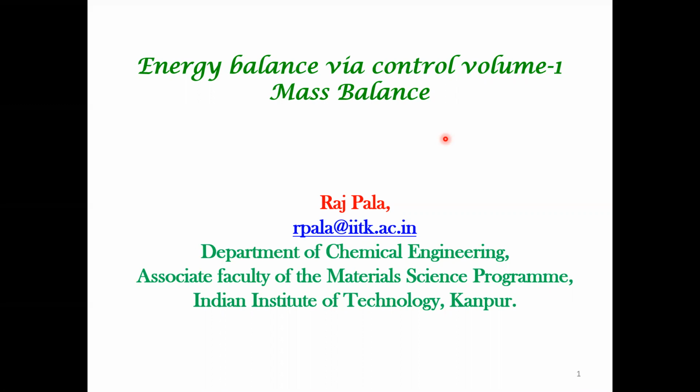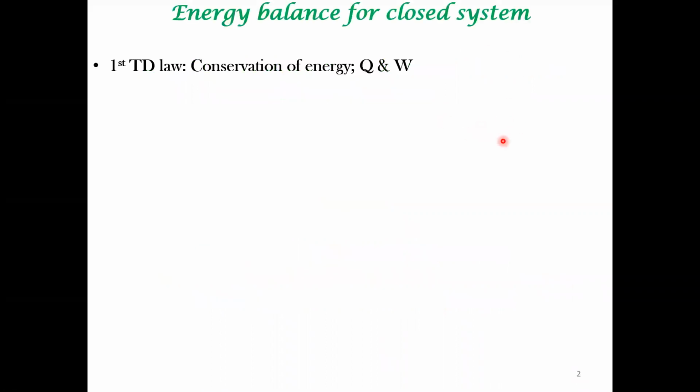In this lecture, we will look at energy balance via control volume. In the previous lecture, we had looked at energy balance for a closed system. So this involved connecting conservation of energy to heat transfer and work transfer.